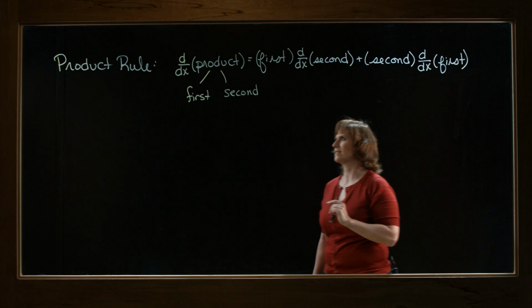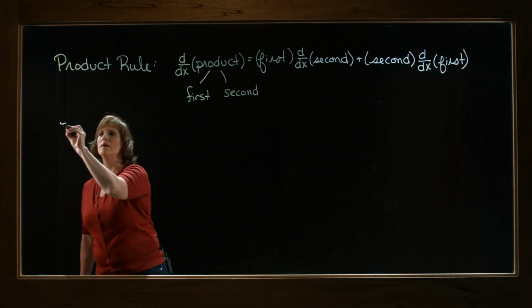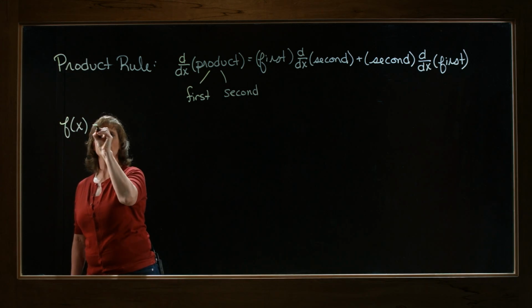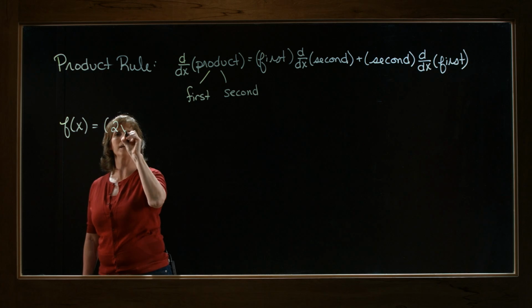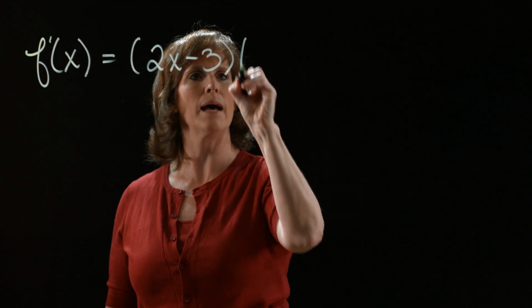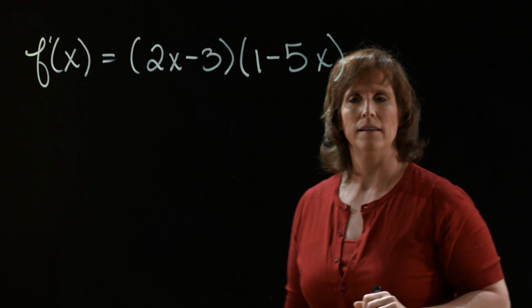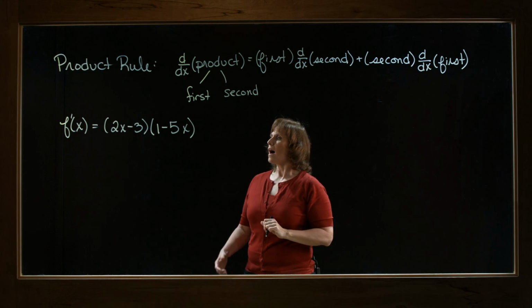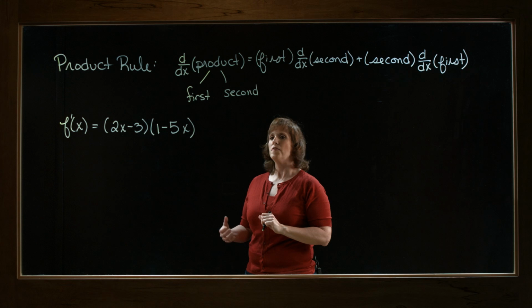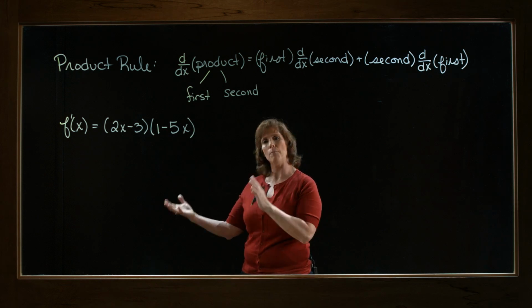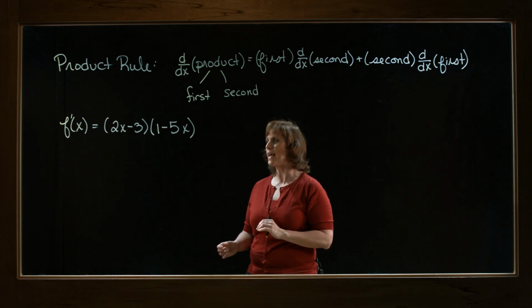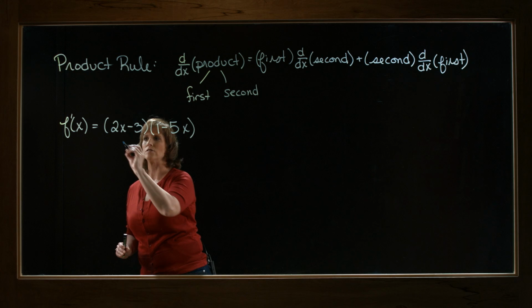So let's try this. My function is f of x equals the quantity 2x minus 3 times the quantity 1 minus 5x. Right? Well, I want to take the derivative. The main operation, the operation that encompasses the entire function, is the multiplication of these two factors.